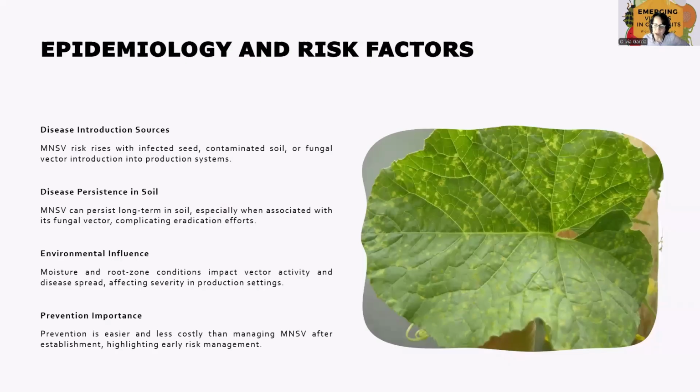A high-risk scenario would be the introduction of contaminated seed in a system where the root zone conditions support the vector. In that situation, disease can become established before it's fully recognized.